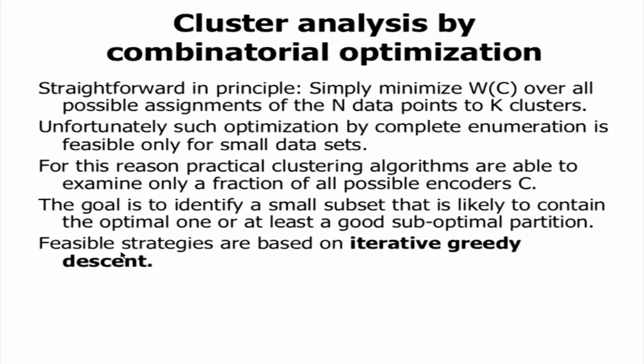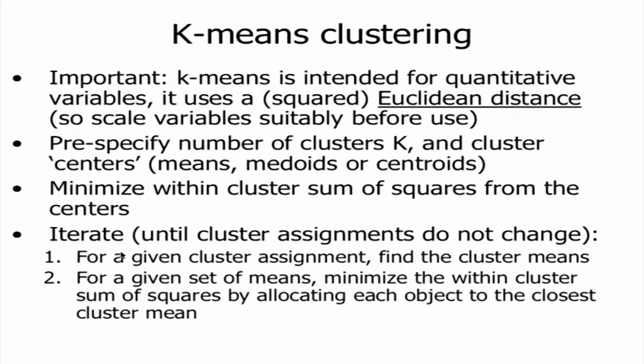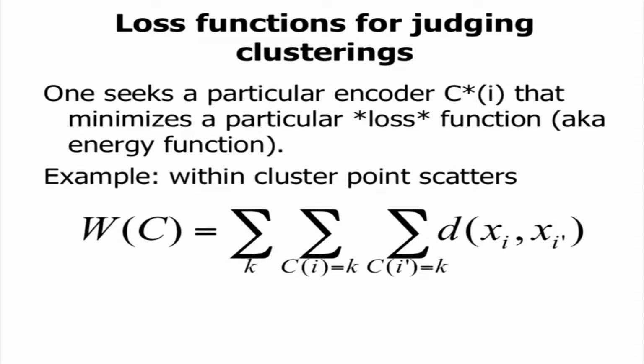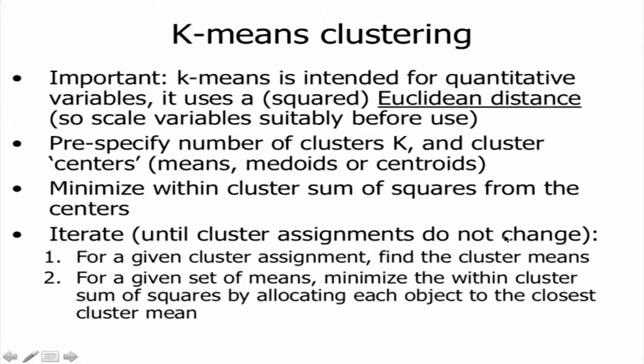A very famous combinatorial algorithm is k-means clustering. Now, it has one major limitation, which I already highlight here. It really is based on the Euclidean distances between objects. Remember how I defined this within cluster point scatter, the loss function, for a general dissimilarity measure, any. Whereas in k-means clustering, we assume that this dissimilarity is the Euclidean distance.